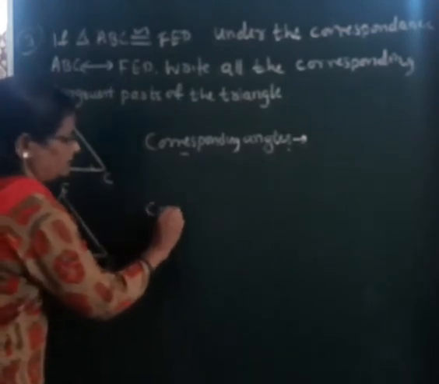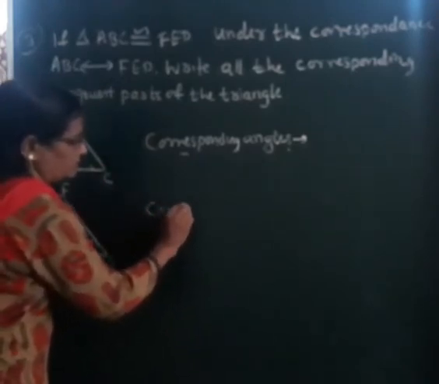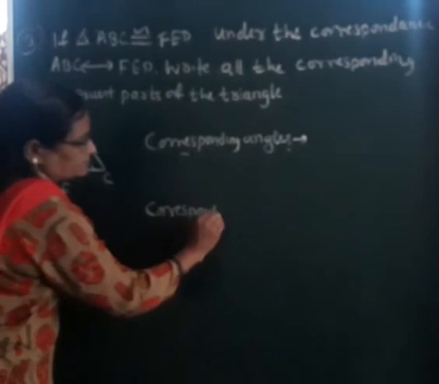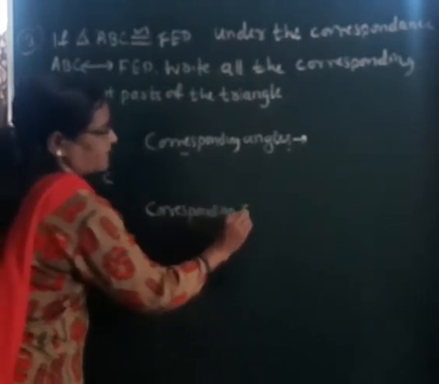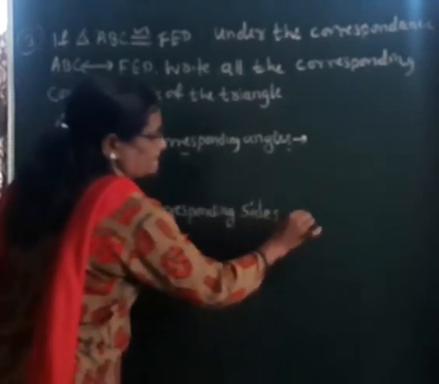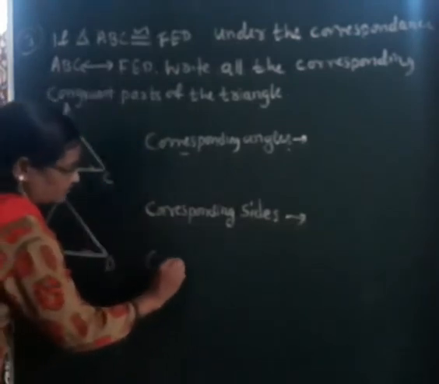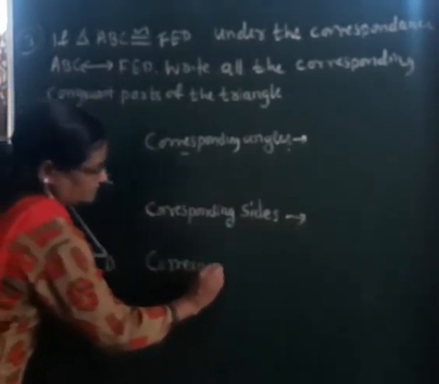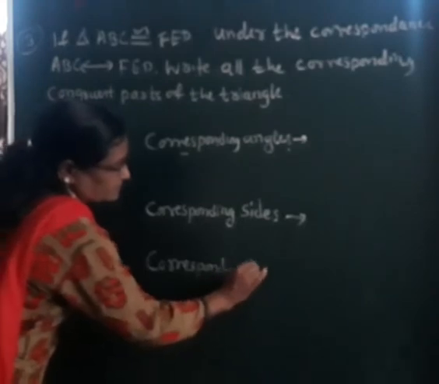We have to write corresponding angles, corresponding sides, and one more, corresponding vertices.